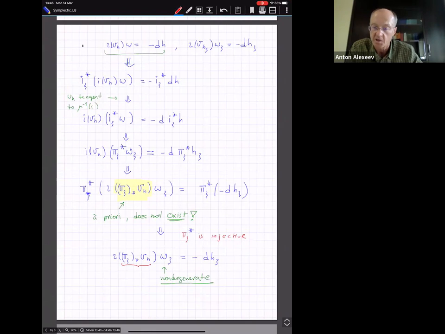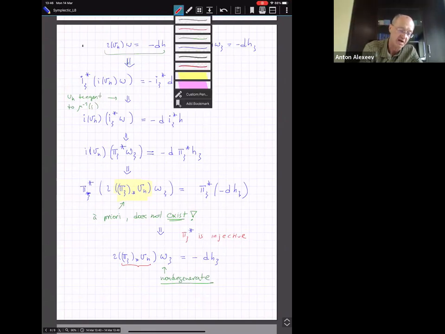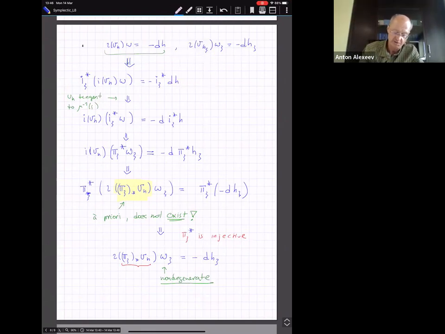Maybe those vectors coming from different points were different. Fine. But now they all satisfy this equation, and this equation defines them uniquely, because omega psi is non-degenerate. This means that they are all the same. All the vectors coming from different points could have been different, yes, but actually they are not.